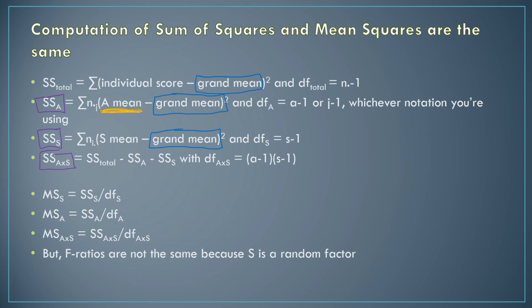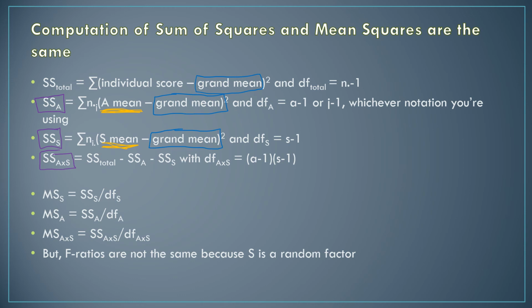So for each one of the levels, it could be compared there, but then also you have your subject mean. So those are the closest thing to actual group means. But this is how you calculate the sum of squares for each one of these pieces and their degrees of freedom.